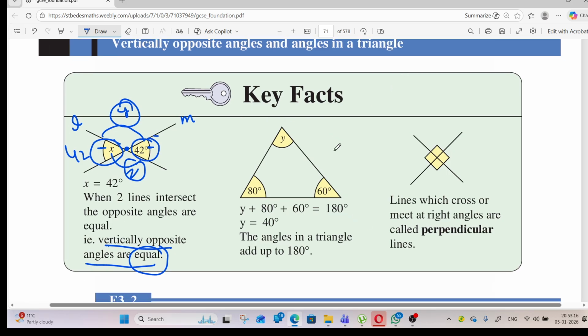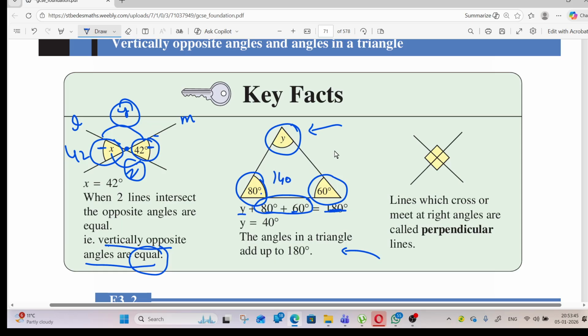Very good. Next is that angles in a triangle add up to 180 degrees. So the sum of y, 80 and 60 should add up to 180. Suppose we have to find y. So I can write y plus 80 plus 60 equals 180 according to this theorem. 80 plus 60 is 140, right?